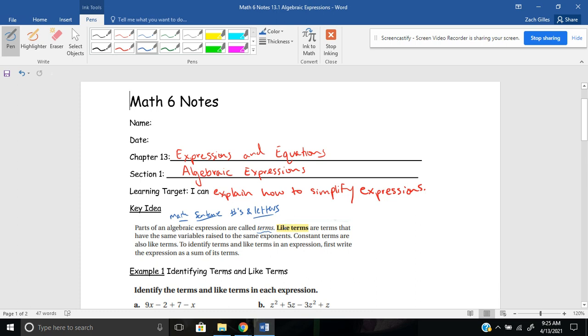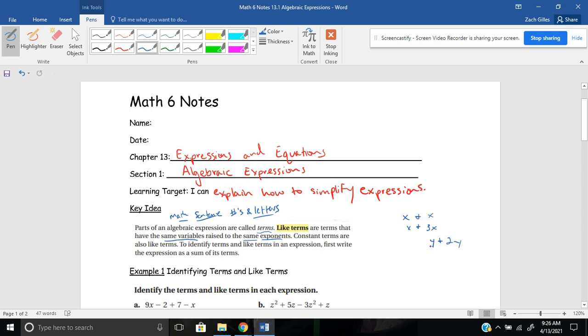And more specifically, like terms are terms that have the same variables raised to the same exponents. So for example, x and 3x, or y and 2y.